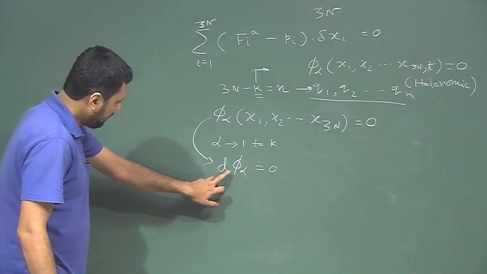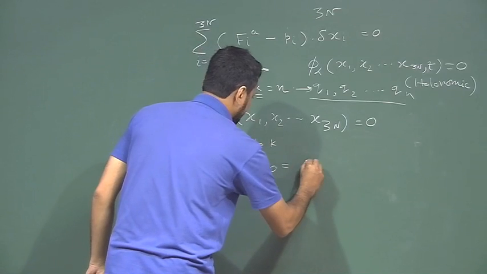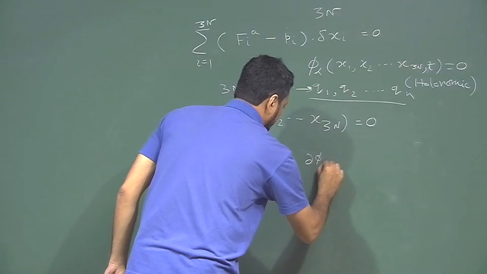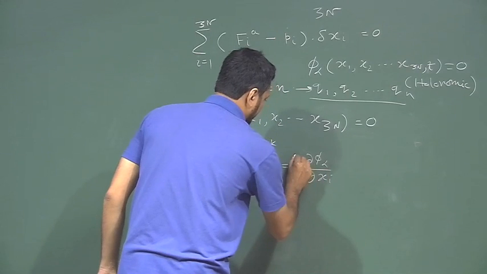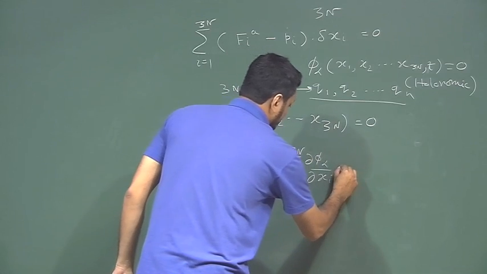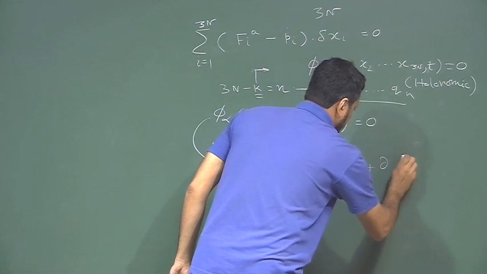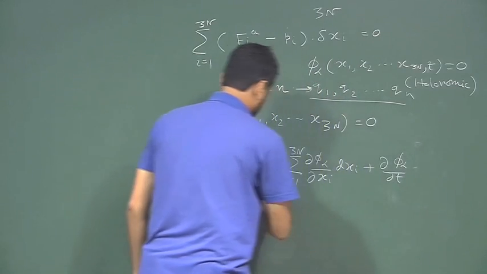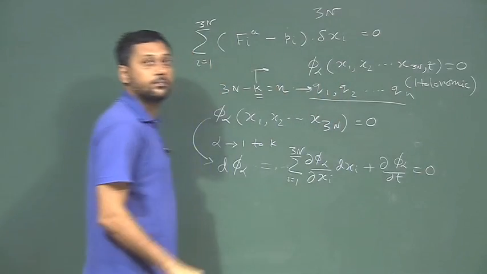Now, d phi alpha in its most general form is del phi alpha del x i, where i runs from 1 to 3n, dx i, plus del phi alpha del t dt, which is once again 0.